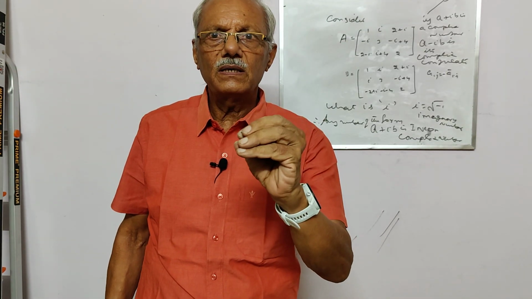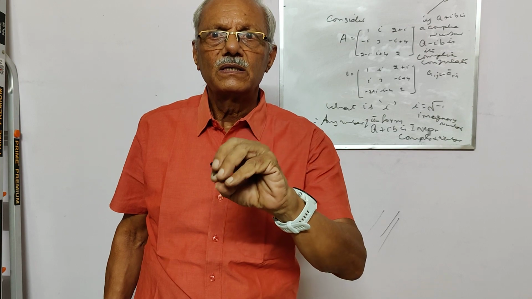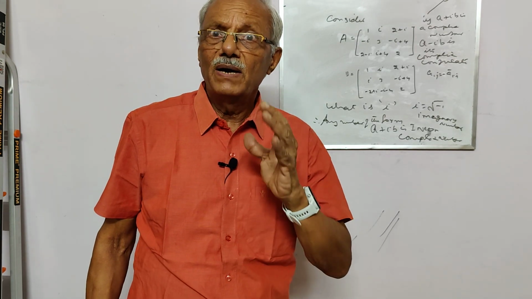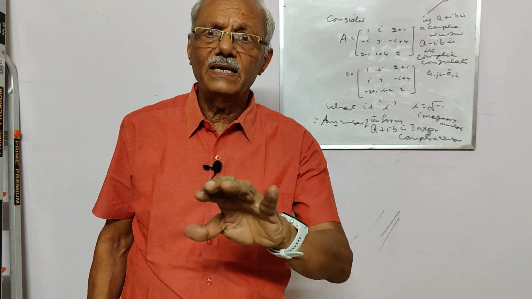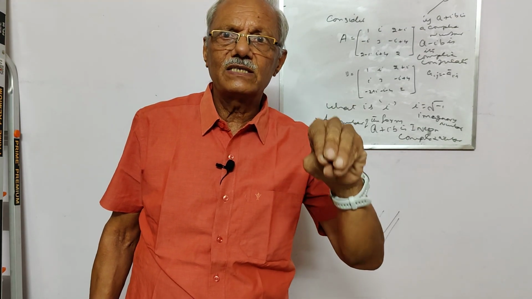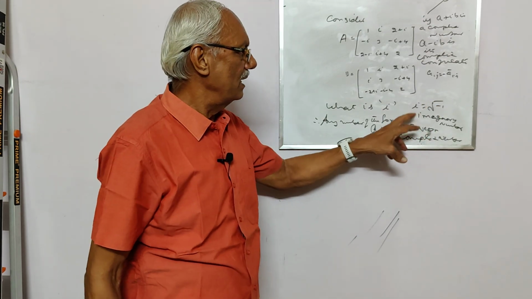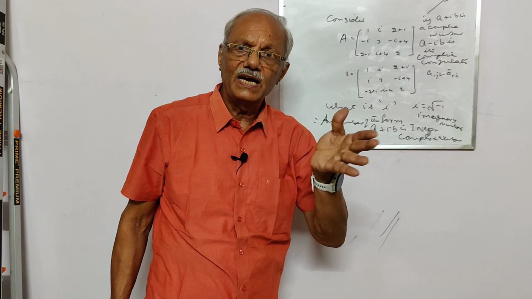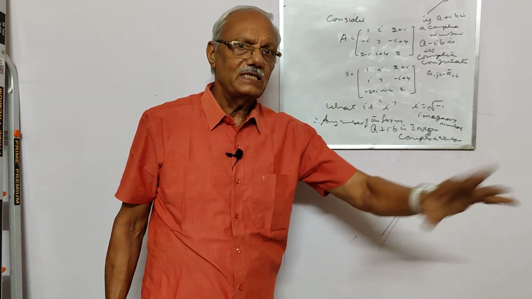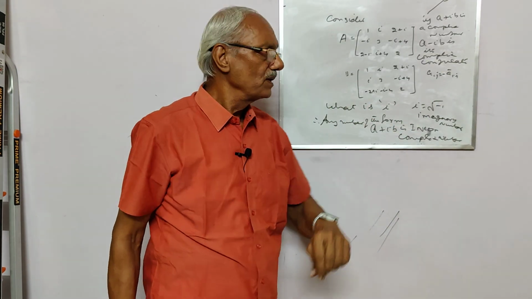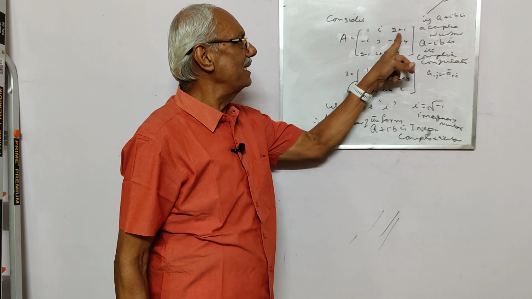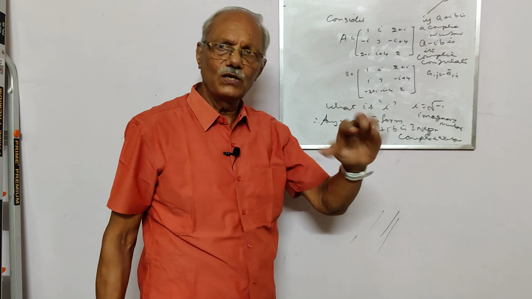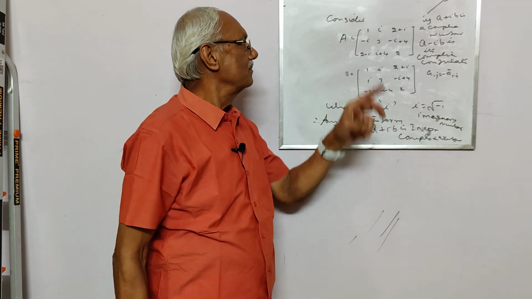A complex number is a number which has an imaginary part. The imaginary part is understood by the presence of the letter i. What is that i? i is equal to the square root of minus 1. So if a number is given along with this i, such numbers will be called complex numbers. For example, here in this matrix, 2 plus i is a complex number. 0 plus i is a complex number.